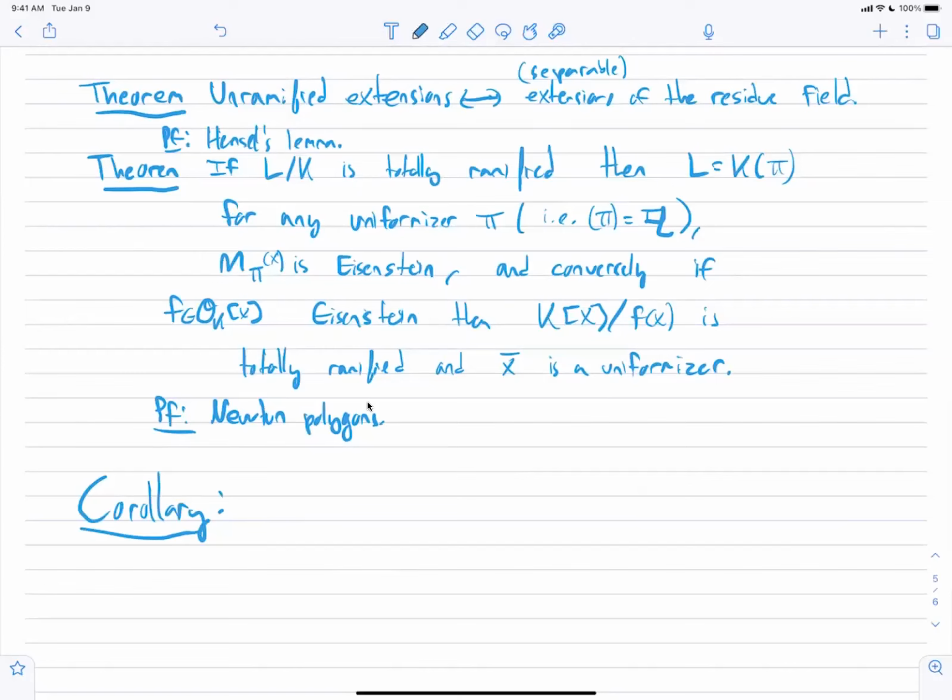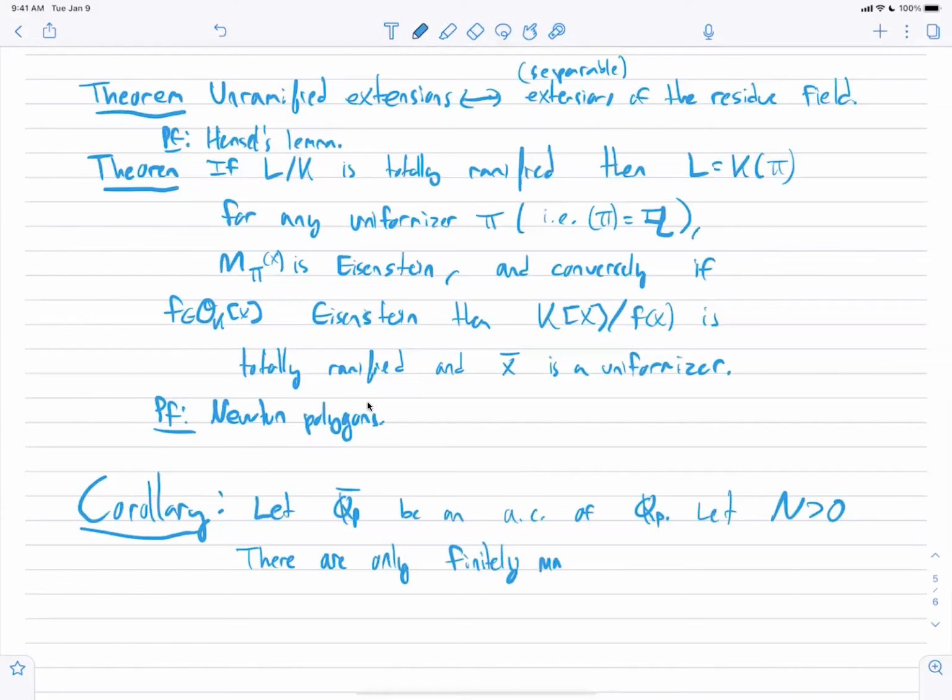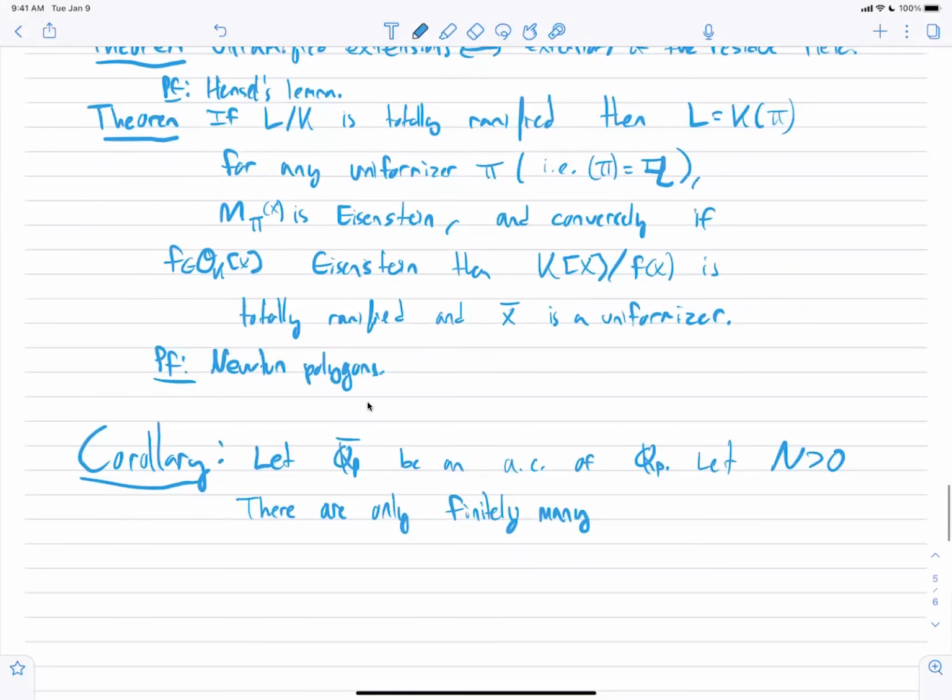It's one way to say it, but let me say it like this: let Q_p bar be an algebraic closure of Q_p. If n is greater than 0, then there are only finitely many extensions L over Q_p.